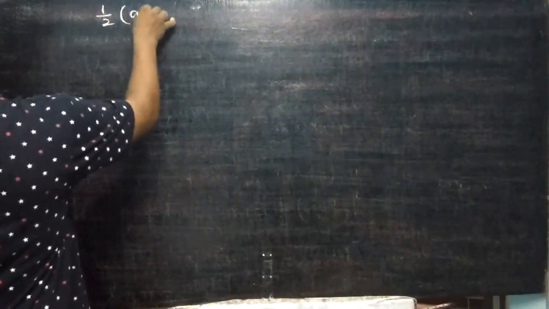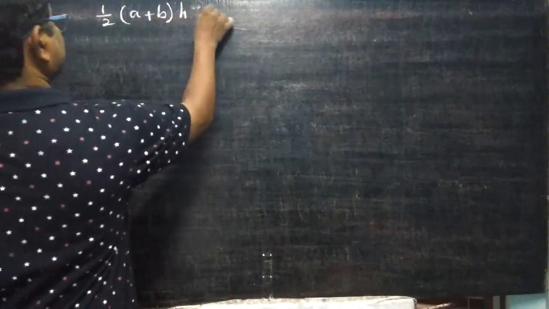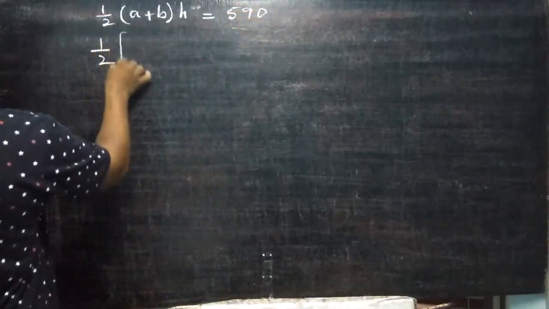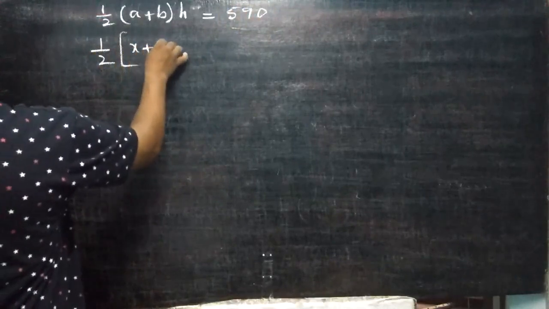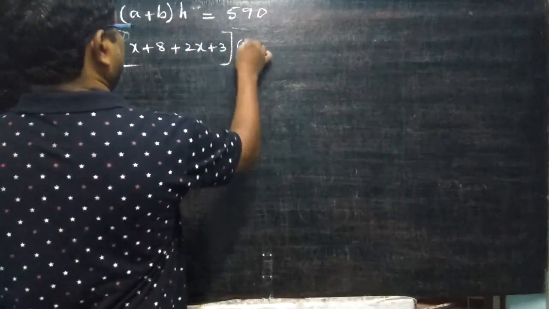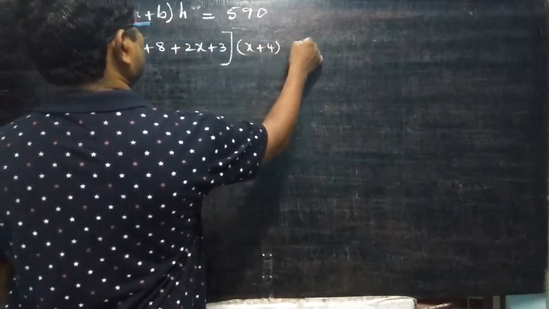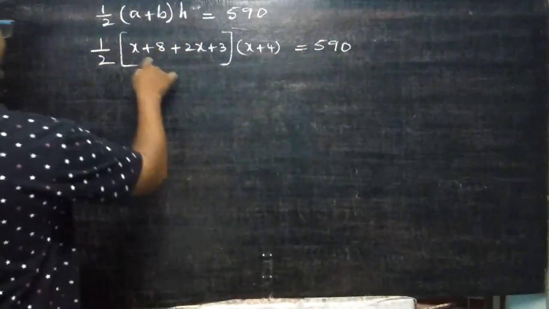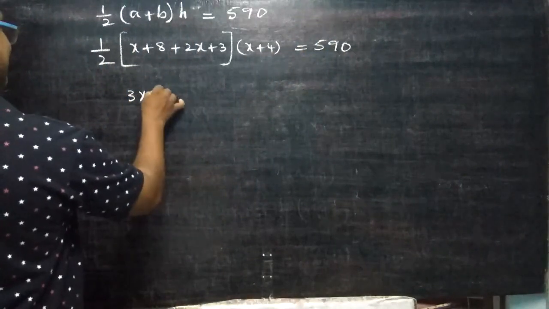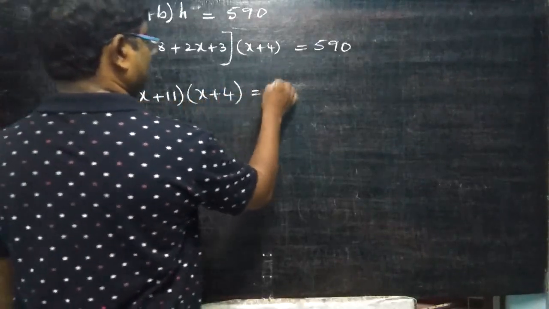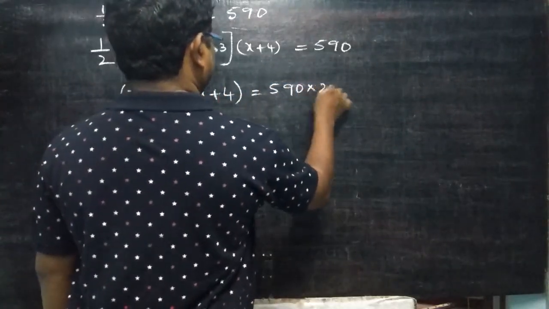Now compare both areas. Half into a plus b into h is equal to 590. Half into a is x plus 8, b is 2x plus 3, into x plus 4, is equal to 590. Denominator comes this side, numerator x plus 2x is 3x, 8 plus 3 is 11, into x plus 4 is equal to 590 into 2.